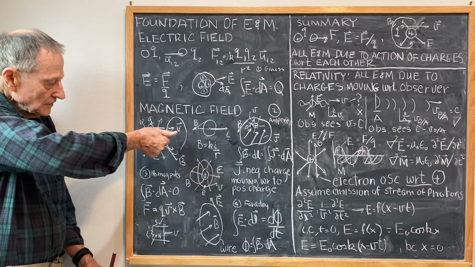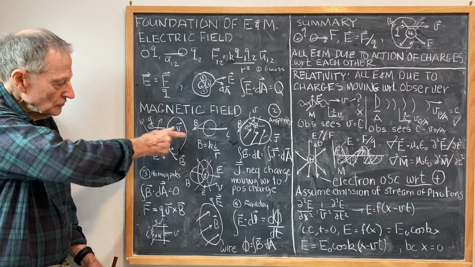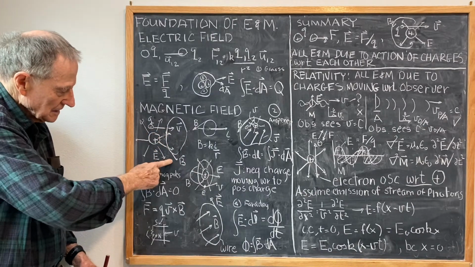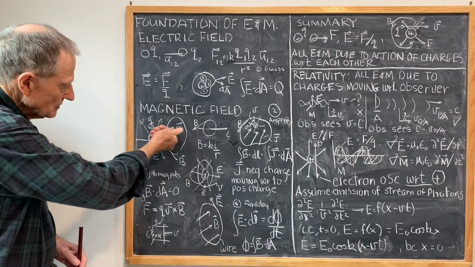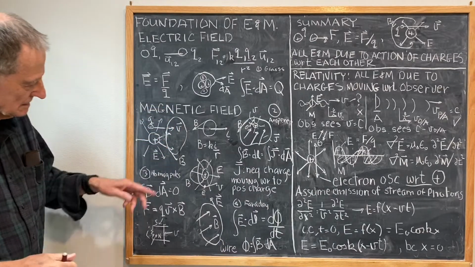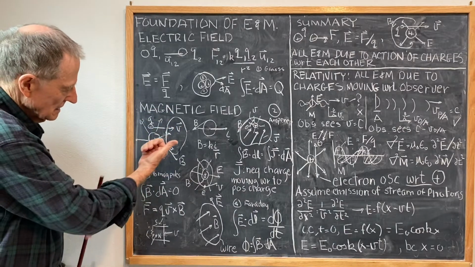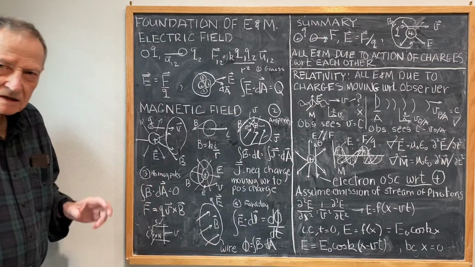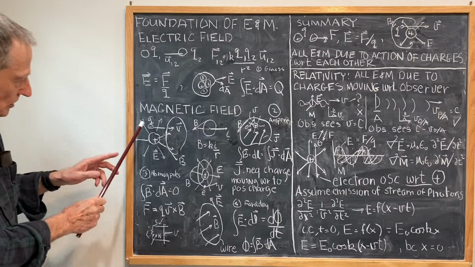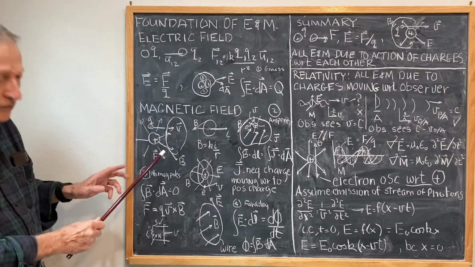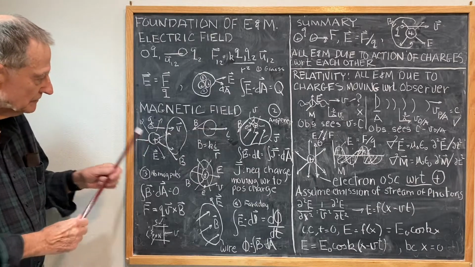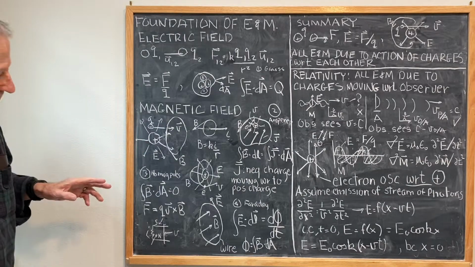The current is in the direction of Q and V, and you wrap your fingers around it, your thumb points in the direction of V, and your fingers point in the direction of the magnetic field created by the charged particle moving with respect to that charged positive nucleus.